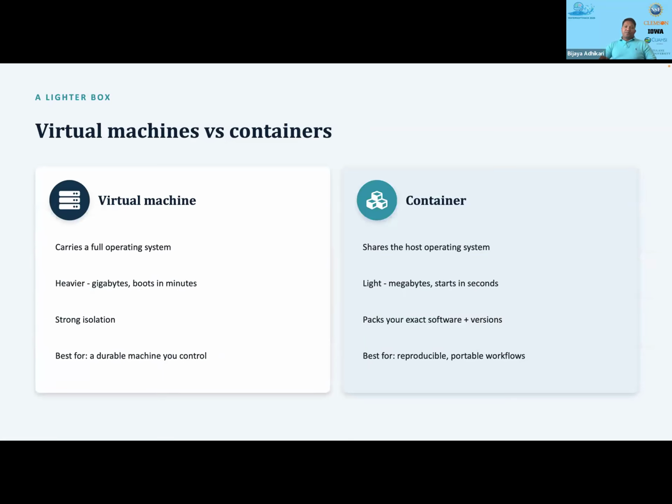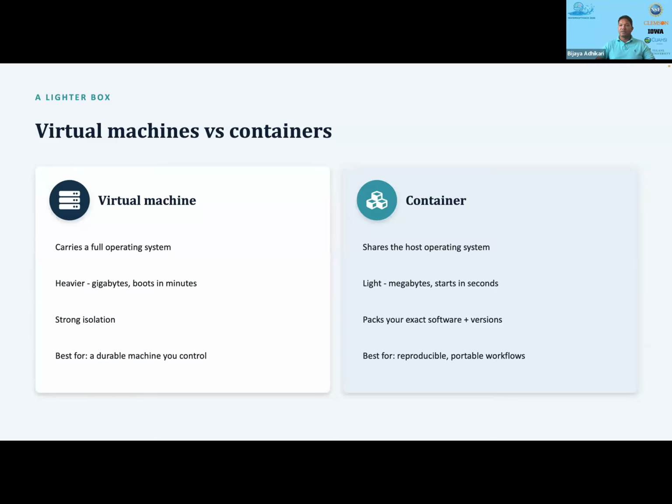Okay, so what is the difference between virtual machines and a container? A virtual machine carries a full operating system. It's slightly heavier, gigabytes in memory, and it boots in minutes because it acts like a real machine. There's strong isolation, so it's almost like an independent machine.